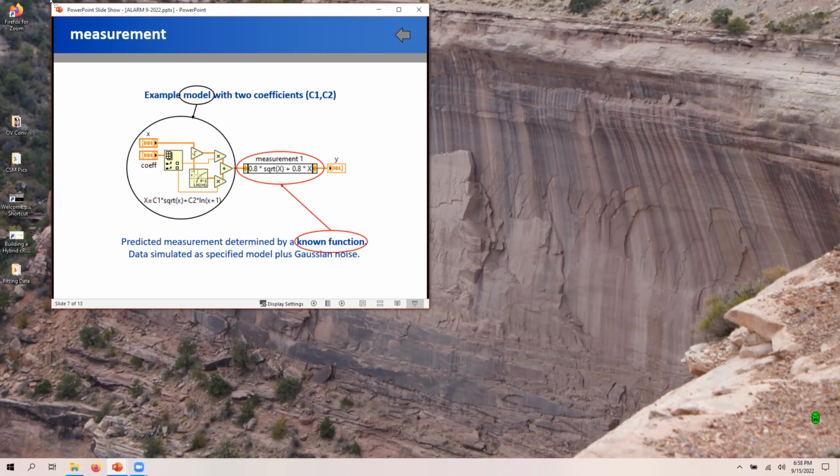Measurement. So maybe to make it slightly clearer, I have a model that looks, say, like this. I just made this up. There's nothing real here. But it's two coefficients, C1 and C2. I've got a square root and a log. I just threw stuff together. Okay, and then I have a measurement that's a prediction of this model. I made this up too.